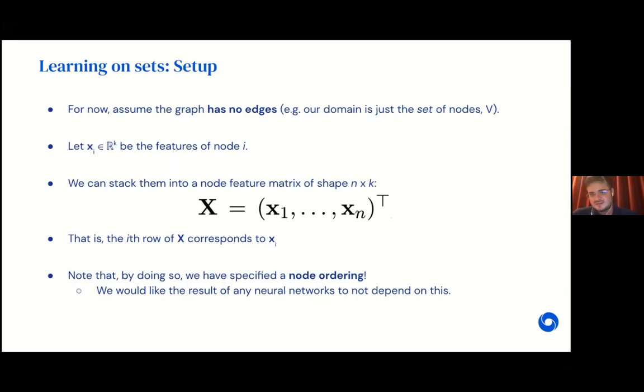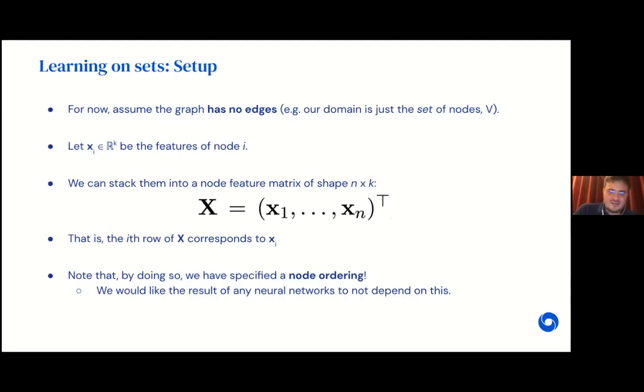So we're going to start by assuming we have a graph with no edges. So our domain omega will just be the set of nodes V. And we assume we're going to featurize the domain. So we have x_i representing a feature vector for the ith node in this set. What we typically do in deep learning on sets is we stack these node vectors into a node feature matrix of shape n by k, where n is the number of nodes and k is the feature dimension.